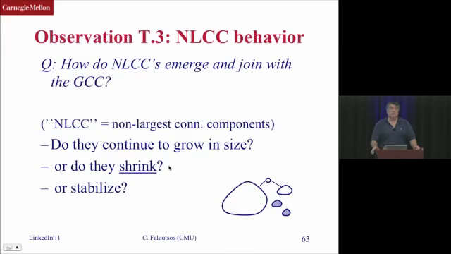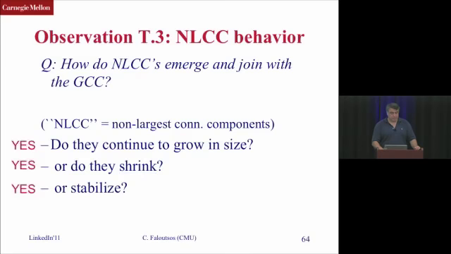Because if a new patent comes in and points to one patent, or a new friend comes in and makes friends with somebody from the giant connected component and from the second largest connected component, the second largest connected component is absorbed in the giant connected component, and therefore disappears, right? So maybe the size should shrink, and then eventually everything will be absorbed in the giant connected component. The third argument would be maybe things will stabilize, right? So what is correct? It turns out that all three are partially correct.